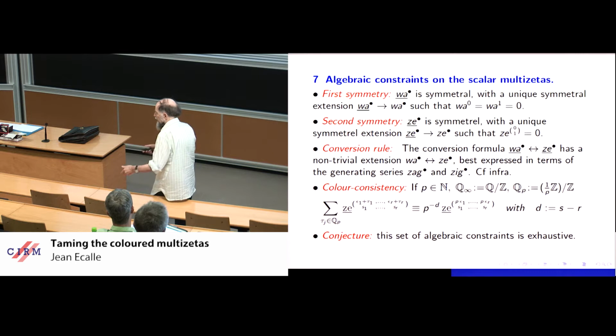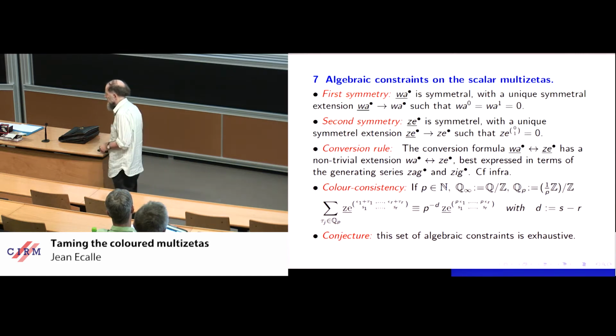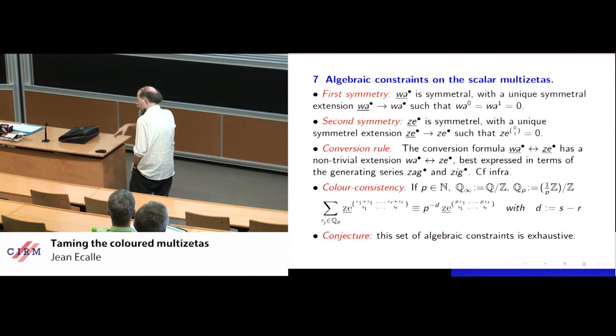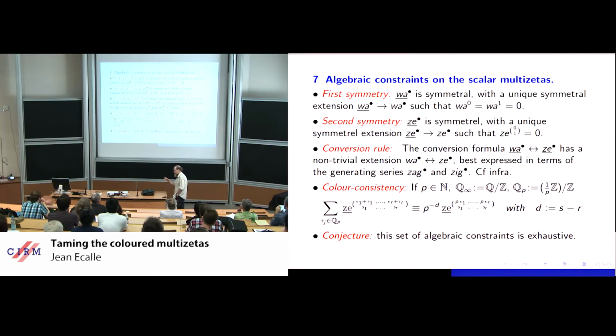That is to say, when you multiply two such multizetas, you have to add contractions, additions which apply to both indices, including the colors, and then two additional rules: the conversion rule and the rule of color consistency. If you average on a certain number of colors, you have to get something consistent. And the main meat actually is in the two symmetries. They are just additions. Let us not waste time on that.